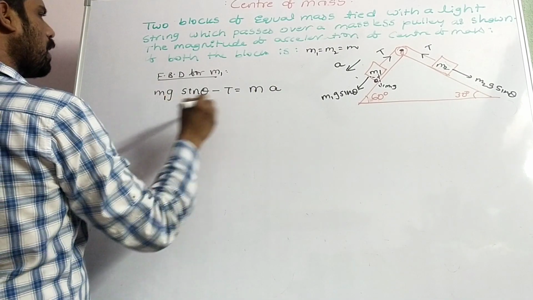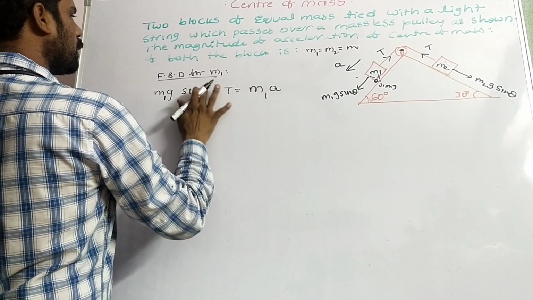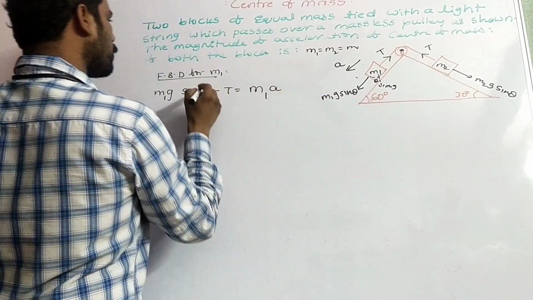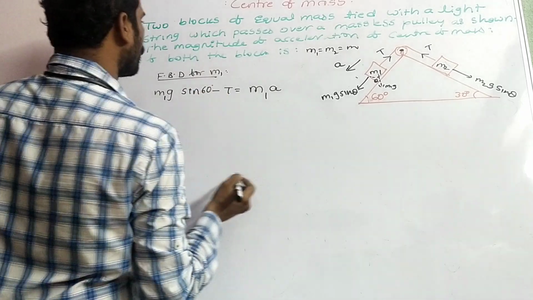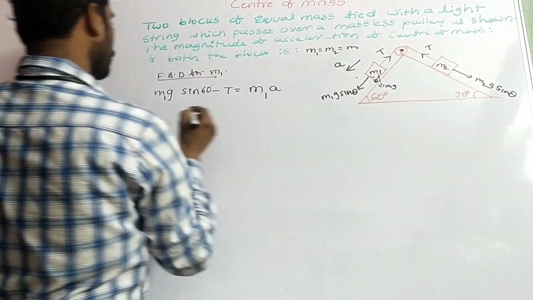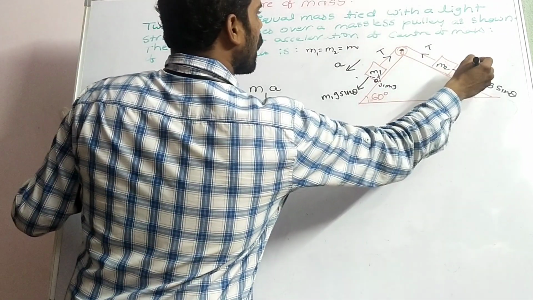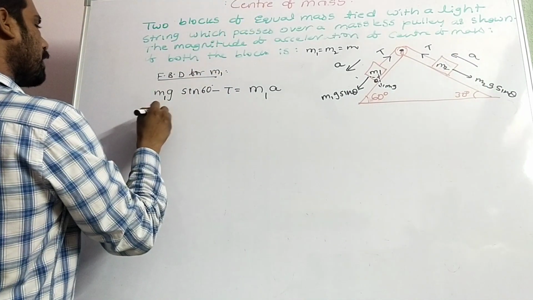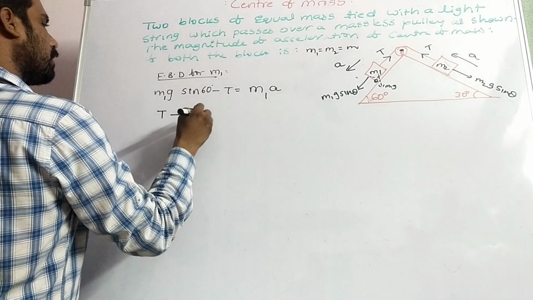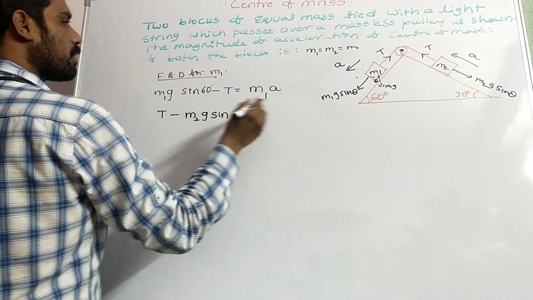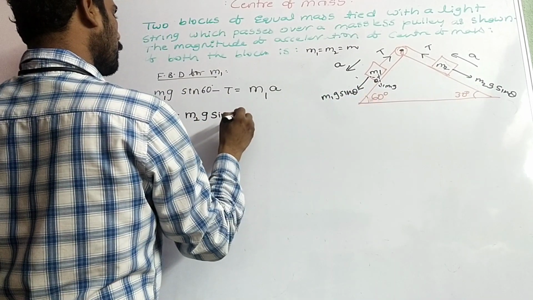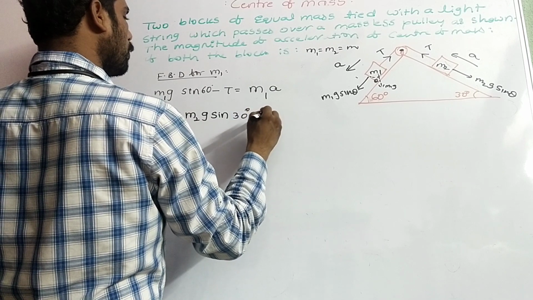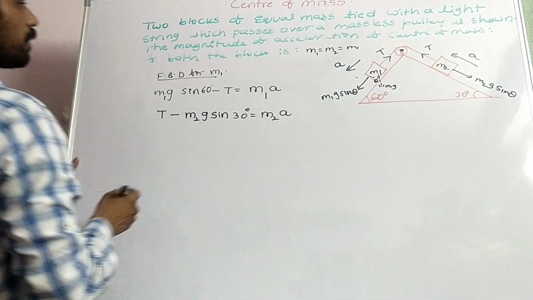Or say for m1, here it is sin 60, theta is equal to 60 degrees. Now for this one, as this is accelerating like this, T is greater than m2g sin theta. So I will write T minus m2g sin 30 degrees, that is equal to m2a.